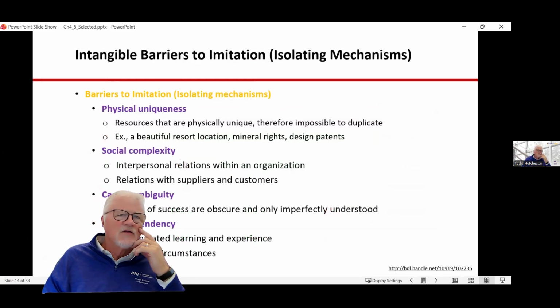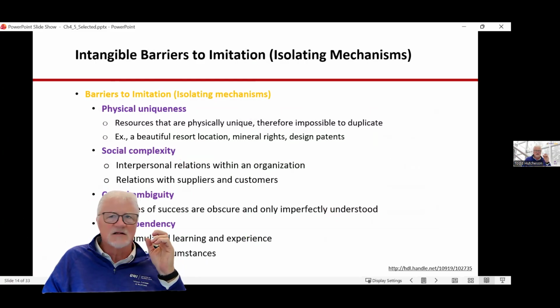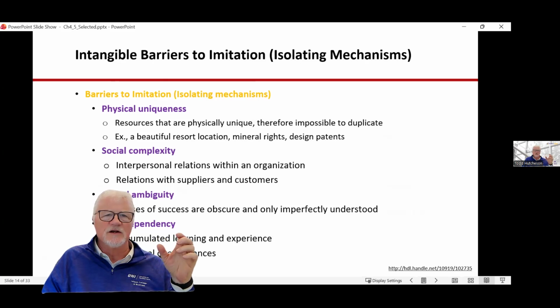There are some other intangible barriers to imitation. I call them isolating mechanisms, things that make you stand out and stay separate, but they're not necessarily resources. They can be physical uniqueness, impossible to duplicate, like beauty in a resort location, mineral rights that exist in a piece of land, or design patents.